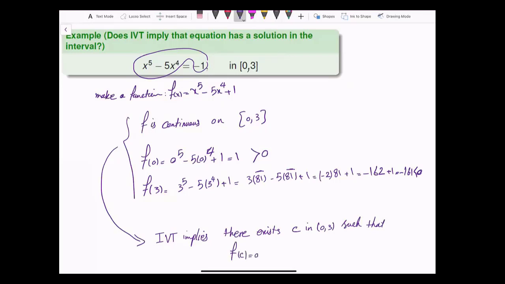Well, f at C is equal to 0 means that C to the power 5 minus 5 times C to the power 4 plus 1 is equal to 0. But from that, we get C to the power 5 minus 5 C to the power 4 is equal to negative 1. And that is the solution of the equation.